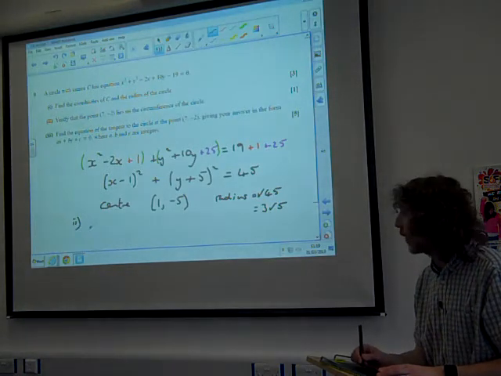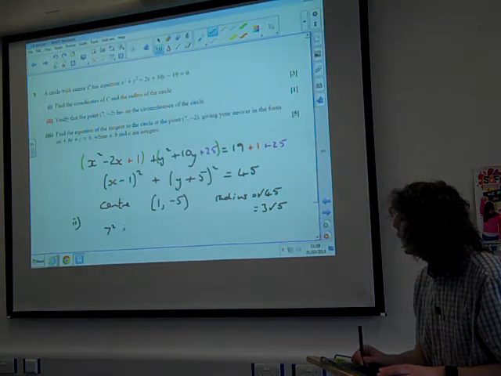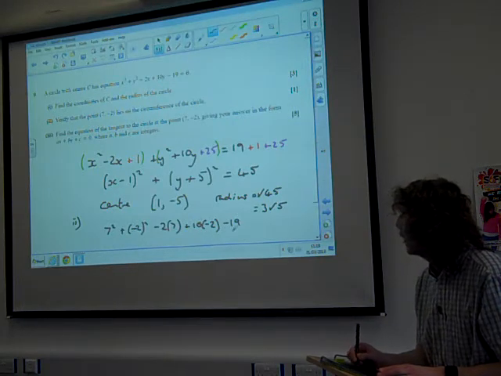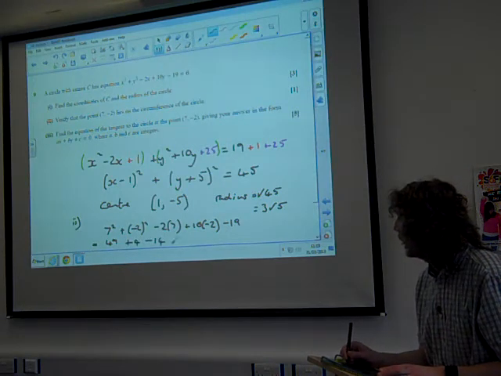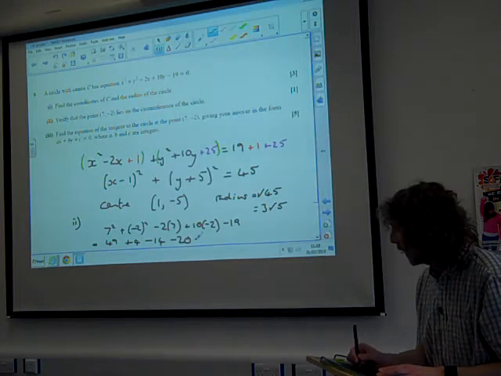So we'll do it in our original equation. 7 squared plus minus 2 squared minus 2 times 7 plus 10 times minus 2 minus 19 equals 49 plus 4 minus 14 minus 20 minus 19.